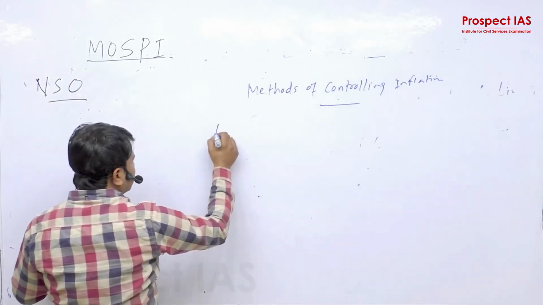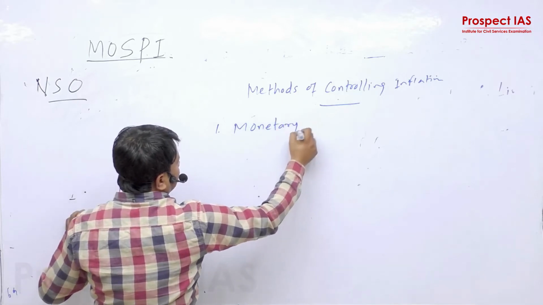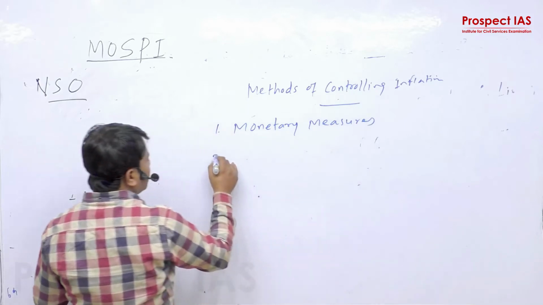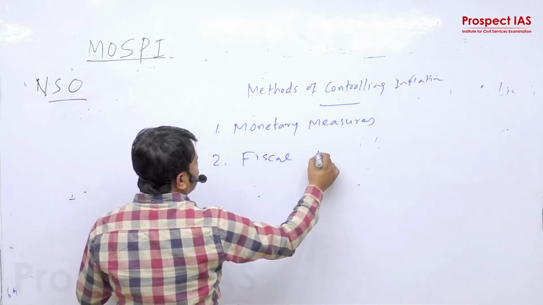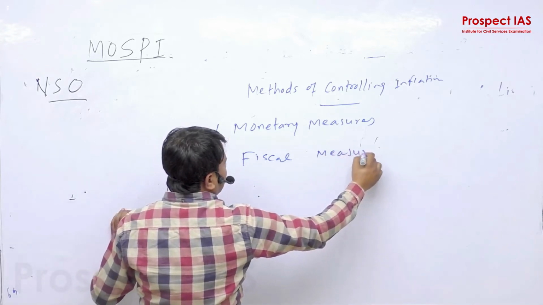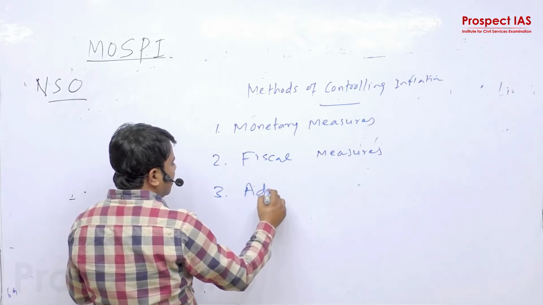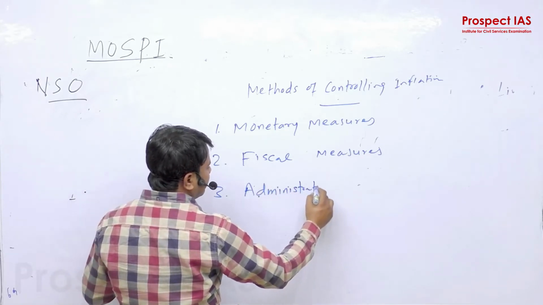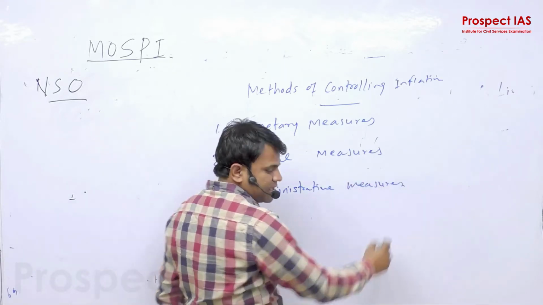We'll discuss first monetary methods, or you say monetary measures. Second one is fiscal measures, and the last one is administrative measures. We'll discuss them one by one.